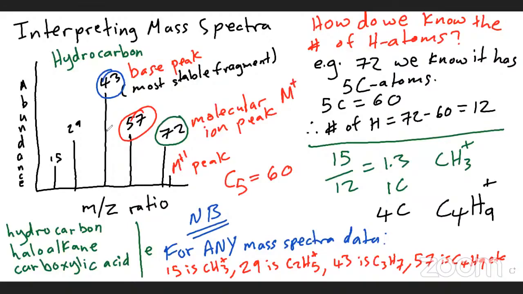So for example, for 15, if we say we have 1 carbon atom is 12. So 12 from 15 is 3. For fragment 43, if it has 3 carbons, 12 threes is 36. Therefore, it would have 7 hydrogens.